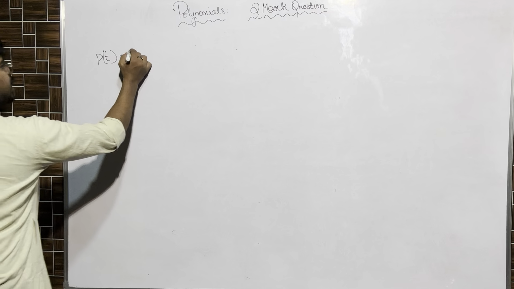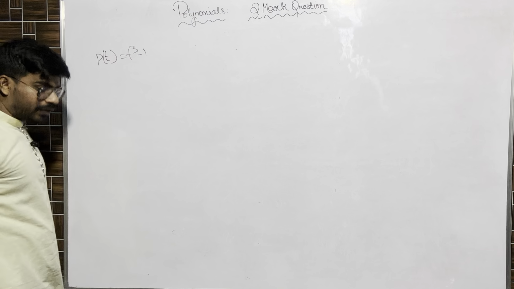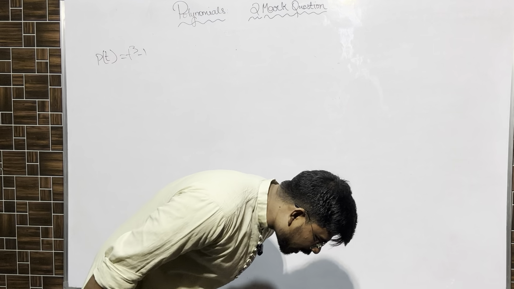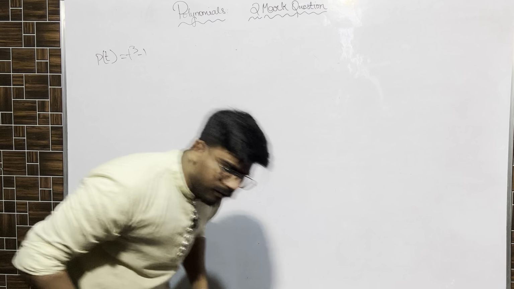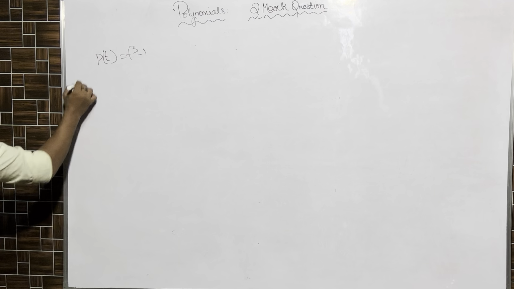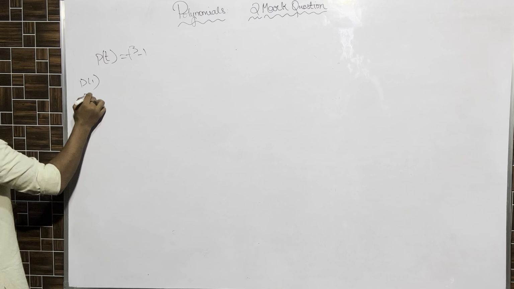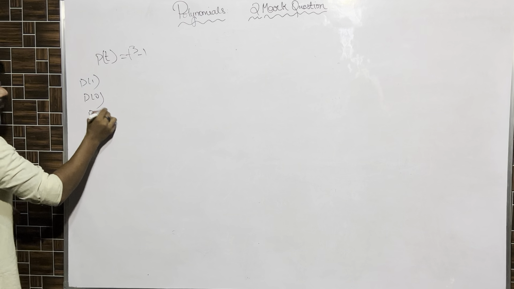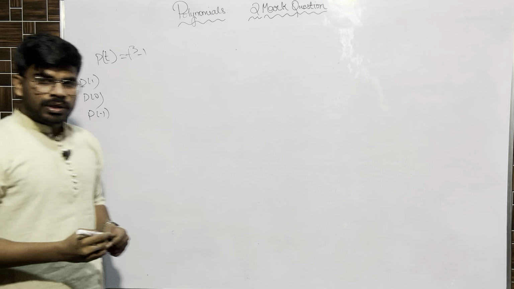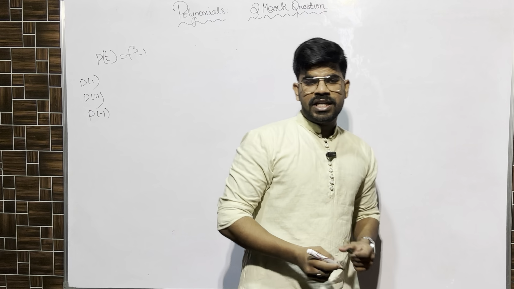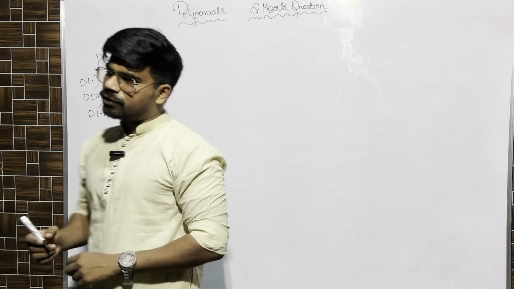P of t is nothing but t cube minus 1. We have to find the value of p of 1, p of minus 1, p of 0. P of 1 I will take, p of 0 I will take, p of minus 1. These 3 values we have to substitute. We just have to find these values. P of t is given. We have to substitute these values.